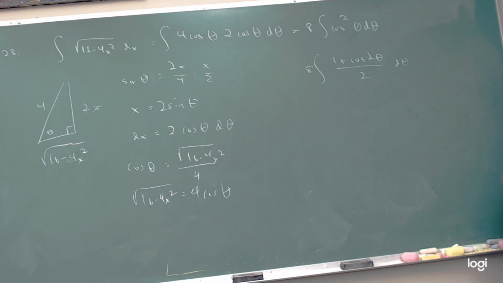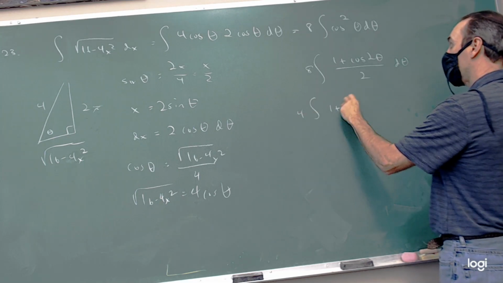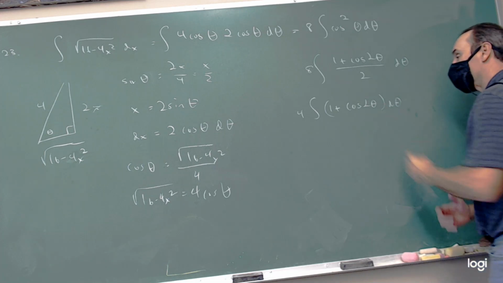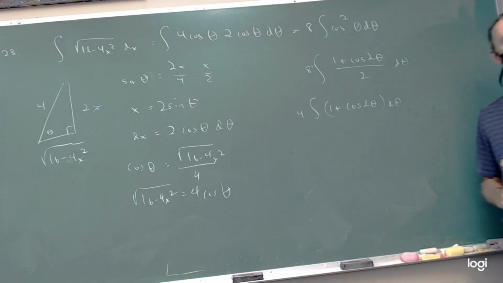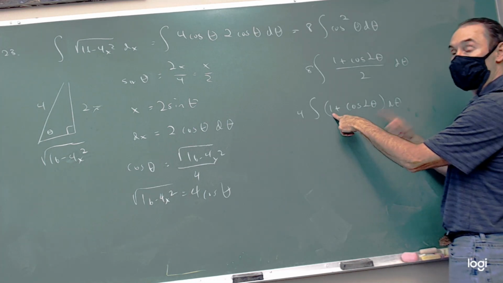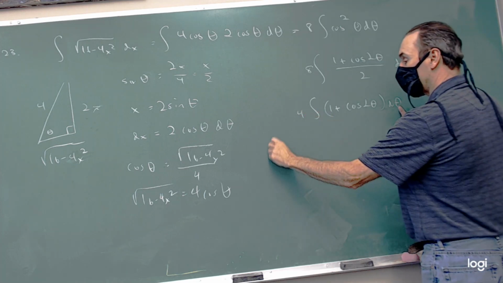Don't forget, the 1/2 comes outside, makes that a 4. And now we have 1 plus cosine 2 theta d theta. Oh, I think I see where the issue comes here. So we're going to integrate each of these. The integral of 1 with respect to theta is just theta. Times the 4 is going to be 4 theta.